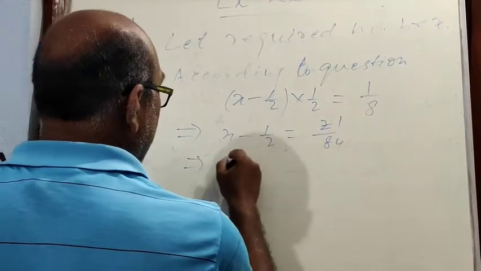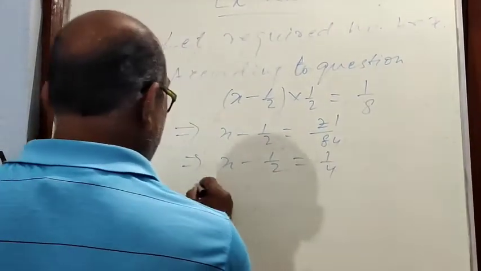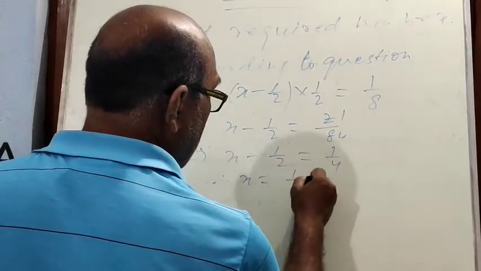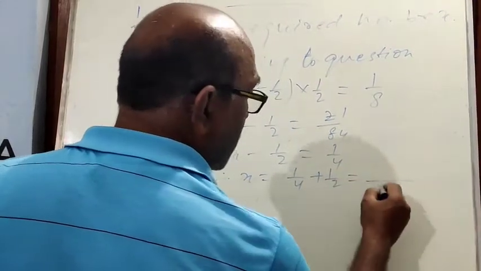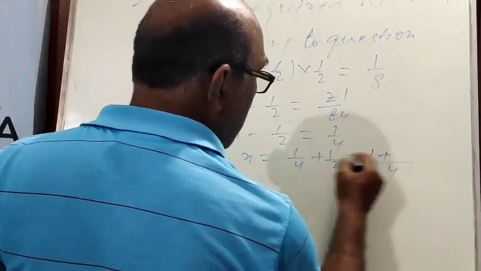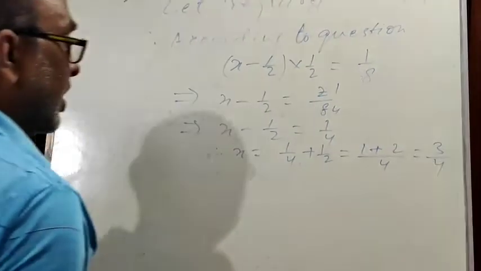This is x minus 1 by 2 equal to 1 by 4, and therefore x is equal to 1 by 4 plus 1 by 2, and LCM of 4 and 2 is 4. 4 ones are 4, 1 plus 2, 2 twos are 4, 2 ones are 2. This is 3 by 4. Your answer is 3 by 4.